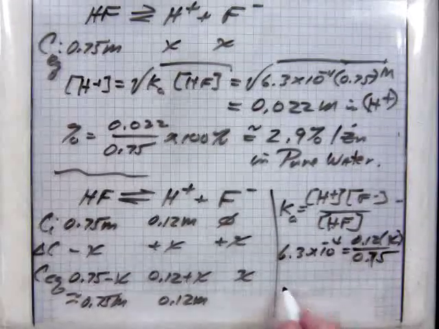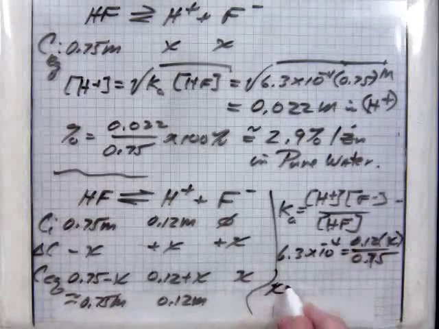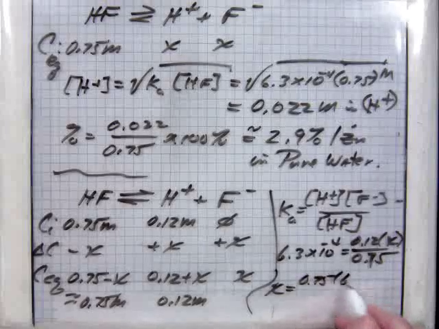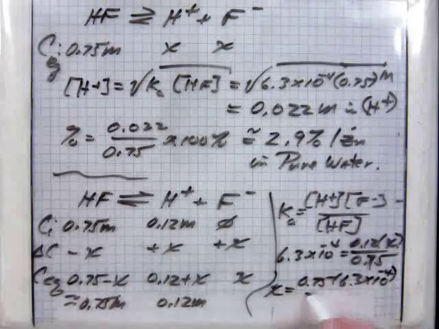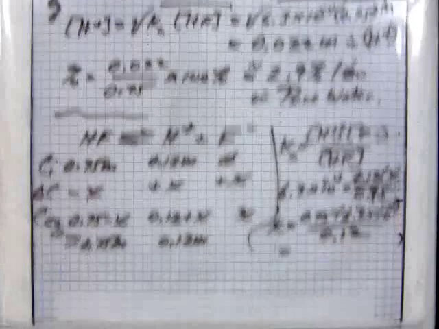Solving for x, we get 0.75 times 6.3 times 10 to the minus 4 over 0.12, and that would be the fluoride. Let me move this on up here.